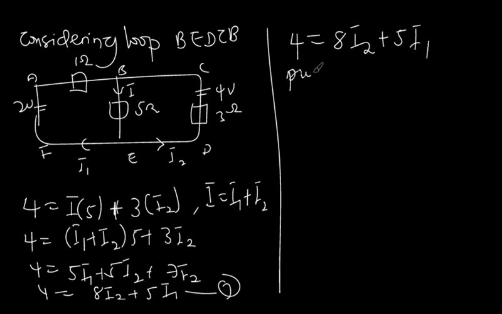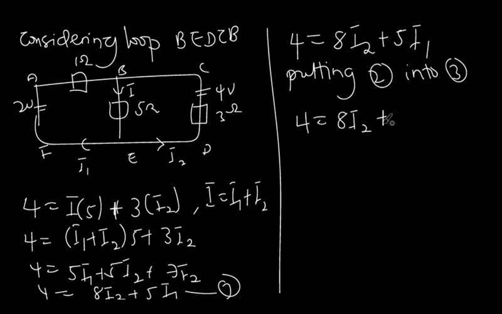Now putting equation 2 into equation 3, we'll be having 4 is equal to 8I2 plus 5 into bracket I1 we had, which was 2 minus 5I2 divided by 6.